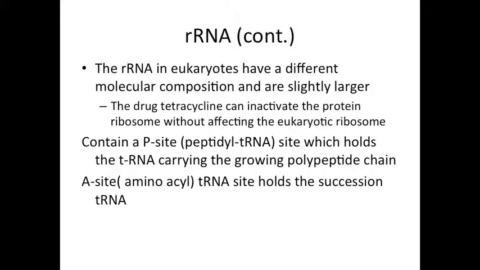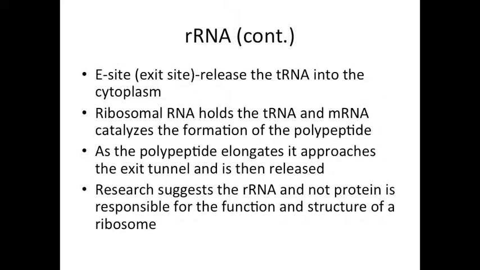The ribosome has a P site, which holds the tRNA carrying the growing polypeptide chain, and an A site, the aminoacyl tRNA site. rRNA also contains the E site, which is the exit site, and this site releases the tRNA into the cytoplasm. rRNA holds the tRNA and mRNA and catalyzes the formation of the peptide bond.